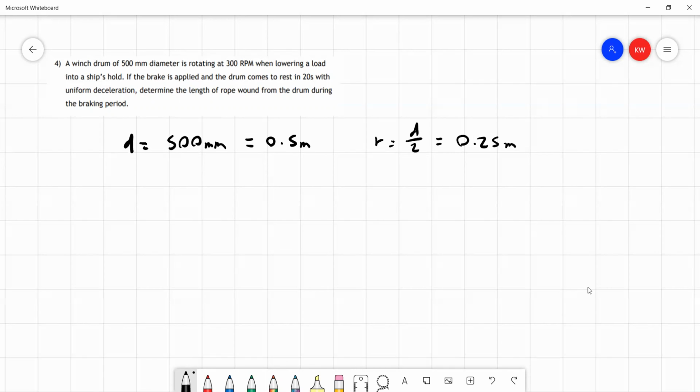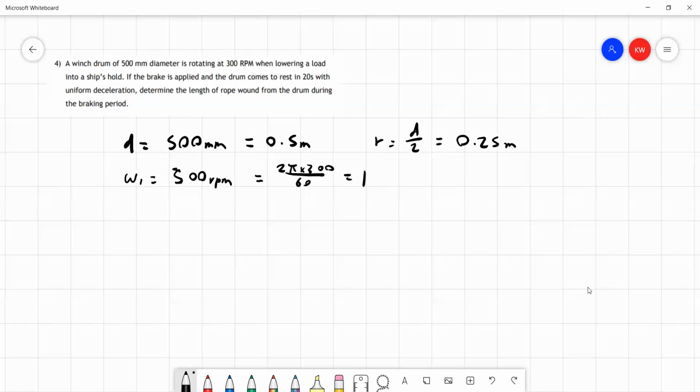We're also told that the initial angular velocity of the drum, omega 1, is 300 RPM, and that is the same if we use our formula 2 pi n over 60, 2 pi times 300 divided by 60 to turn this into radians per second.